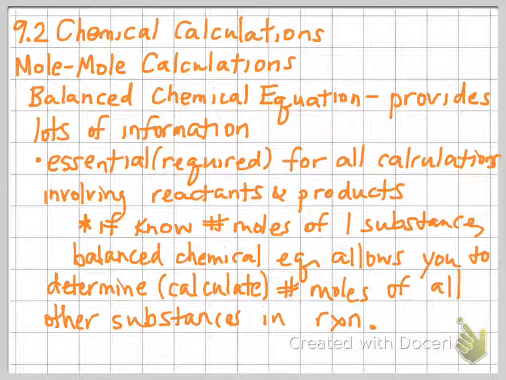So if I have my balanced chemical equation and I know the amount of one of my substances in that equation, I can figure out how much of all of the other substances I either need or would produce.